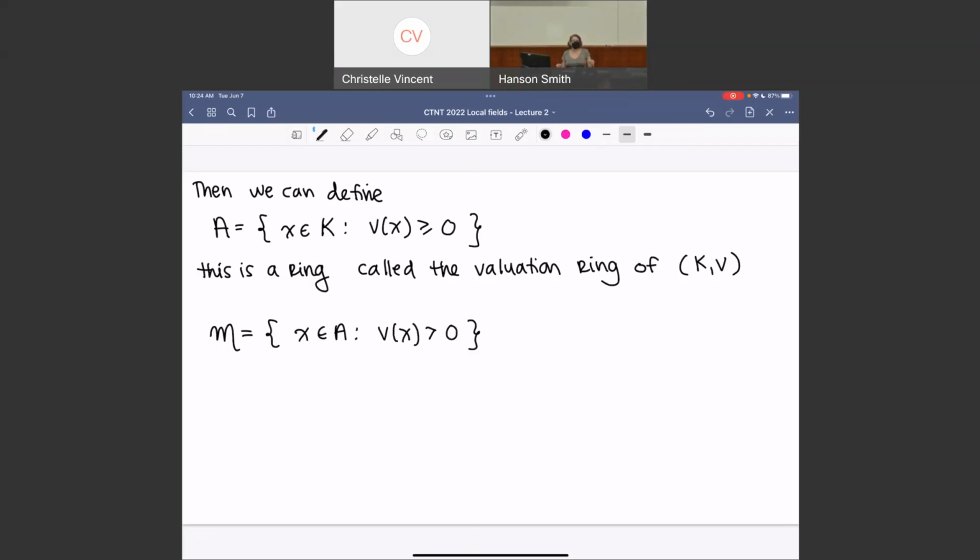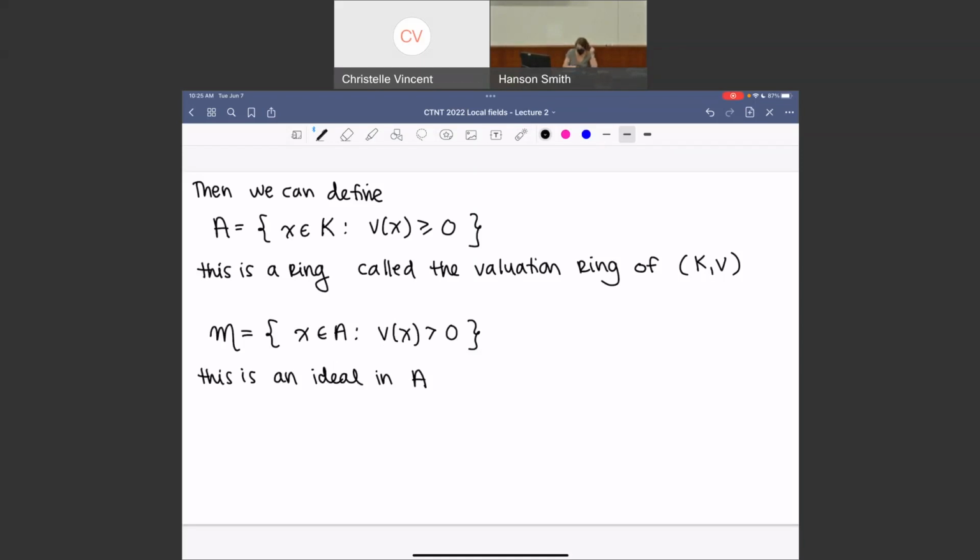These ones are the actually good ones, right? Not the ones we don't mind, the ones that actually get positive points from us. And you can show that this is an ideal in A, because all it needs to do is absorb multiplication.